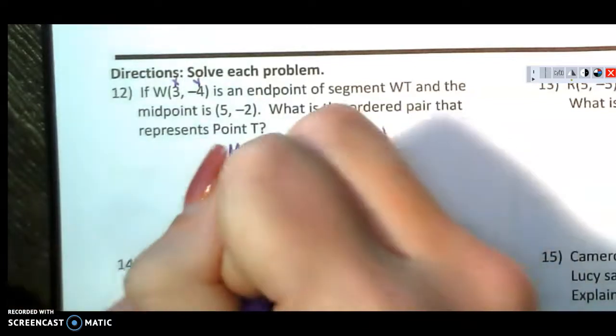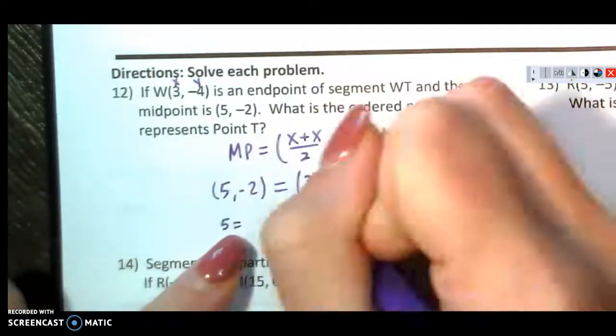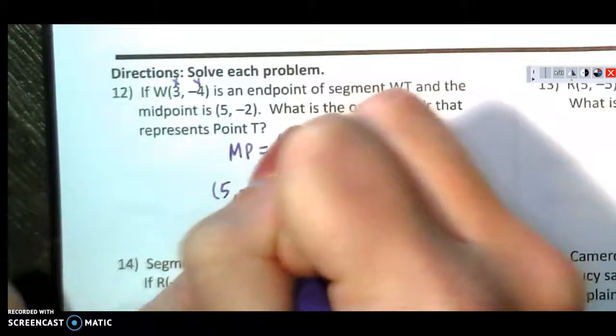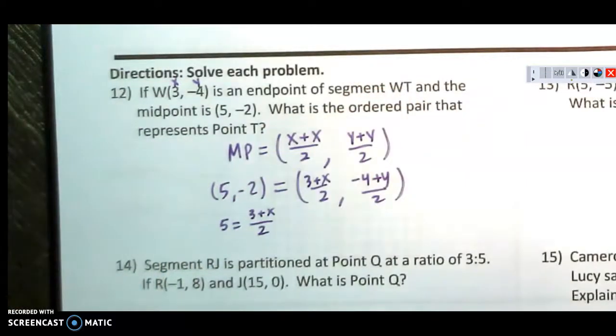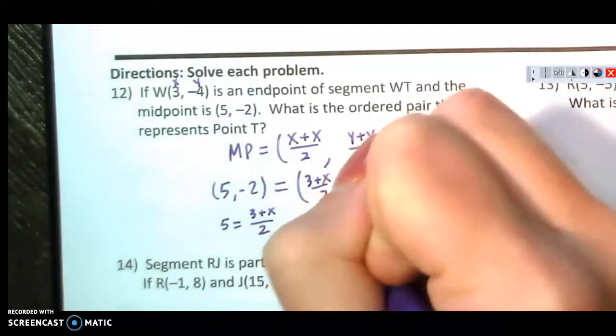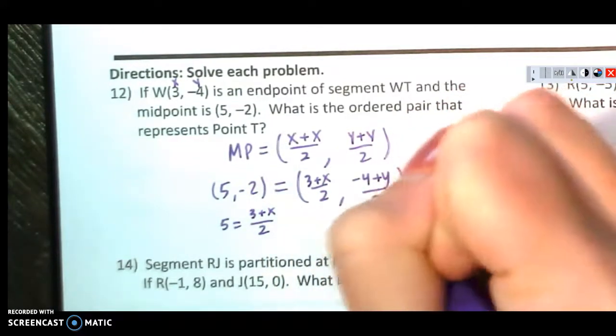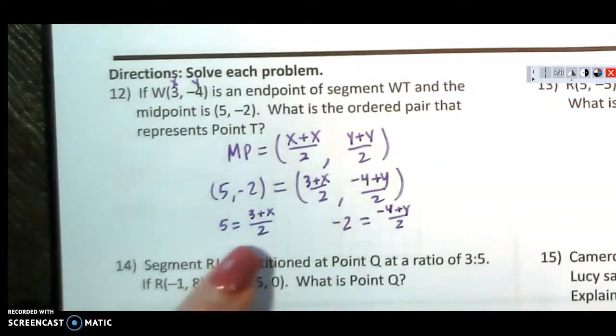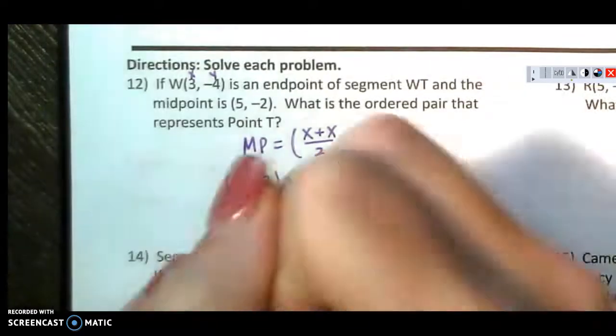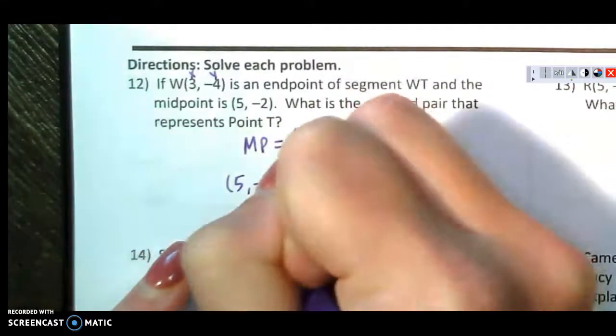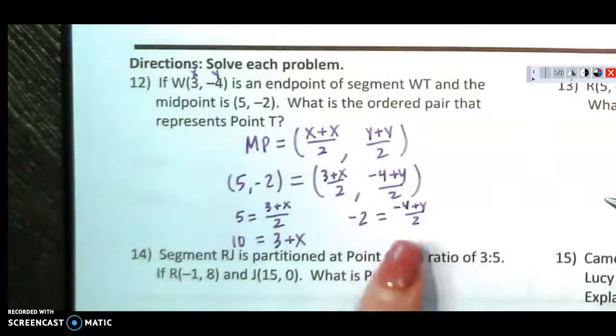The first equation we're solving is 5 equals (3 plus x) divided by 2. And the next equation we're solving is -2 equals (-4 plus y) divided by 2. When I go to solve this one, I'm going to start by multiplying by 2 on both sides. So 10 equals 3 plus x. Same thing with this.